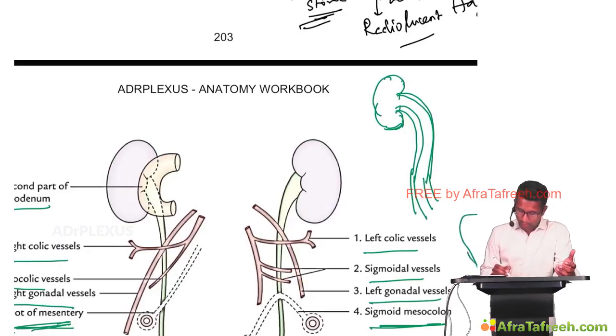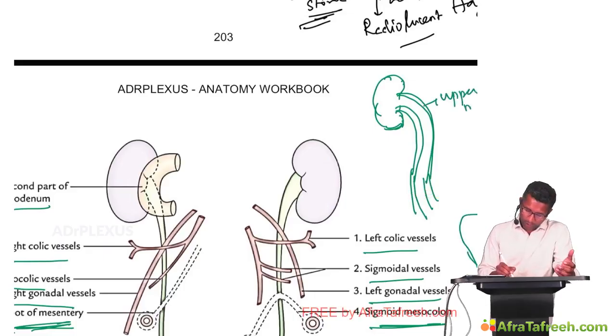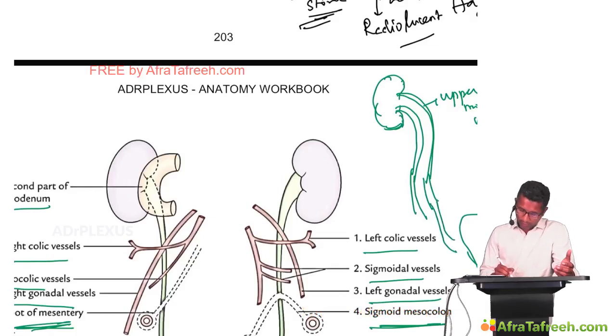If you see the upper moiety ureter, this will run more inferiorly and it will open more medially. Usually the upper moiety ureter is an abnormal ureter.